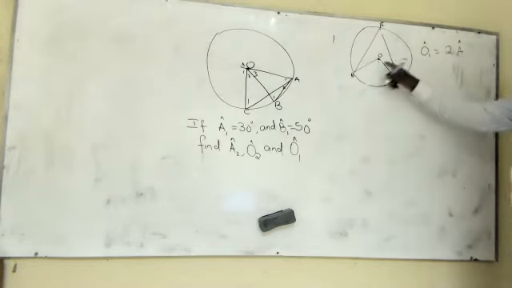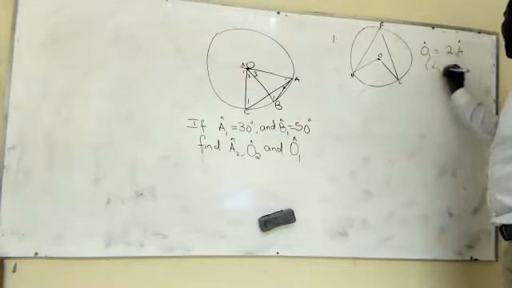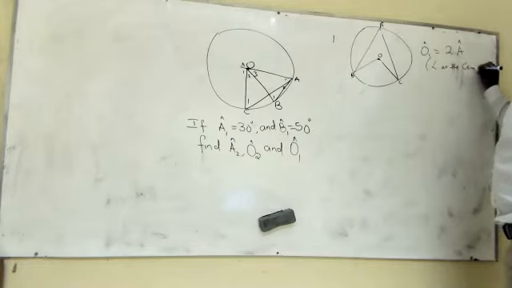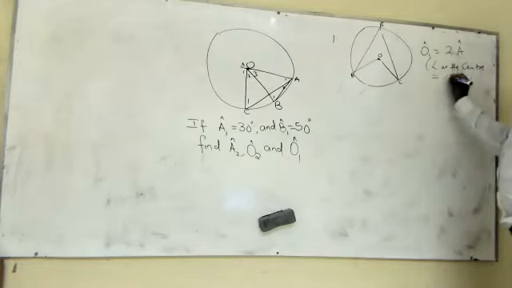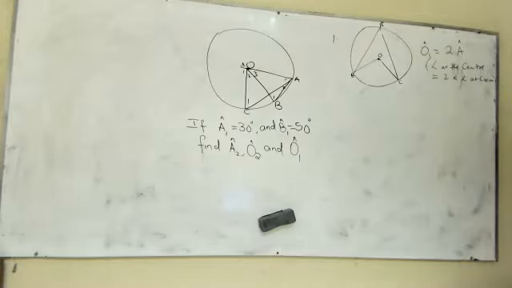You can write it this way: the angle at the center of the circle is equal to 2 times the angle at the circumference. It's a theorem which you must not forget even a single day.